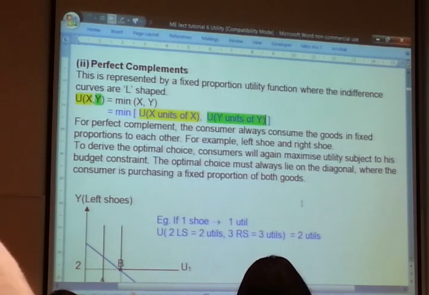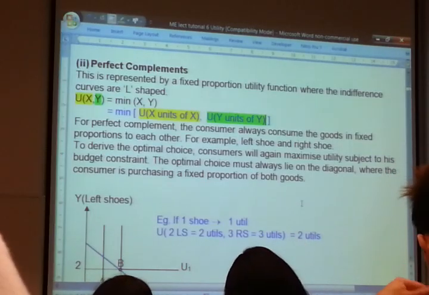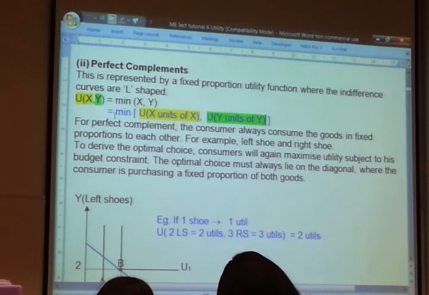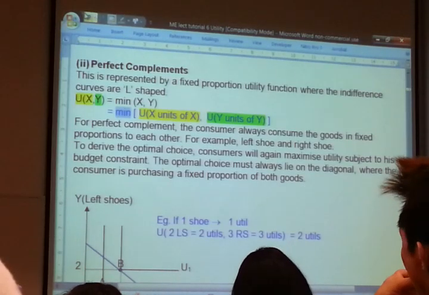Okay. And the utility is always the lower of the 2. Now why lower?